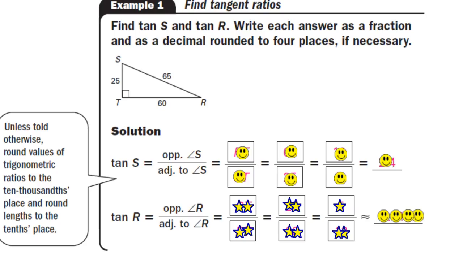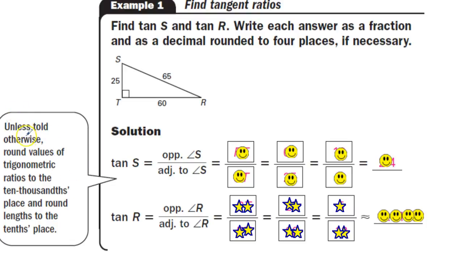What we need to do now is determine the value of the tangent ratio. And then we'll see how that can be used to find angle measurements. Well, first we'll look at using it to find side lengths.